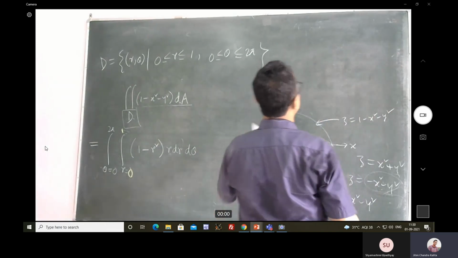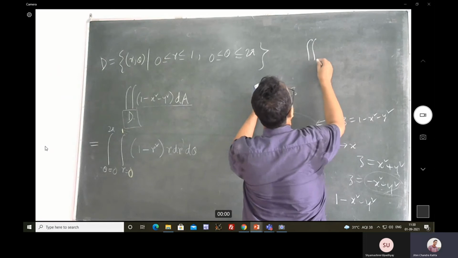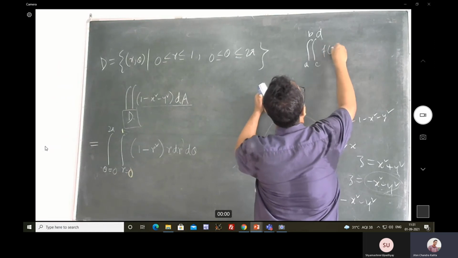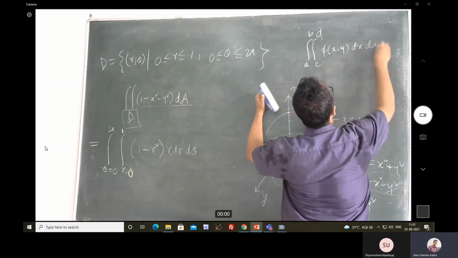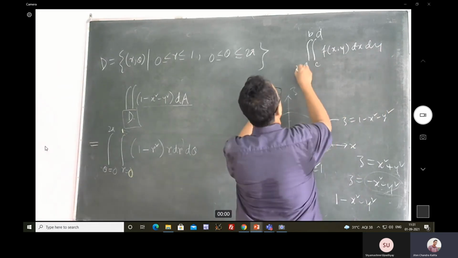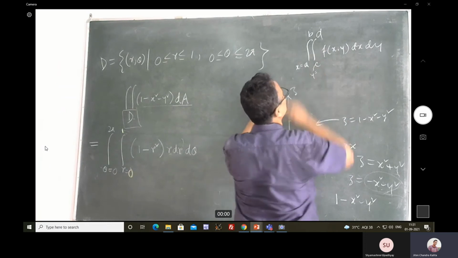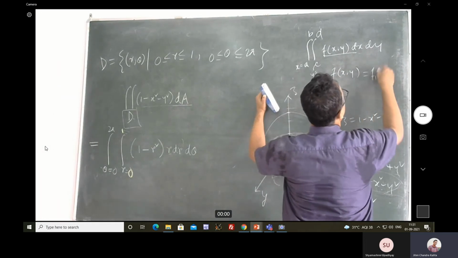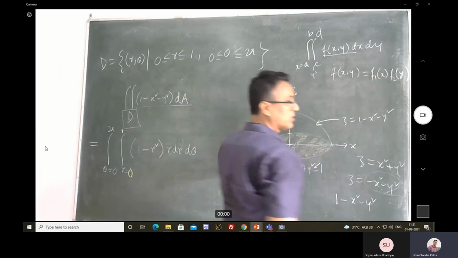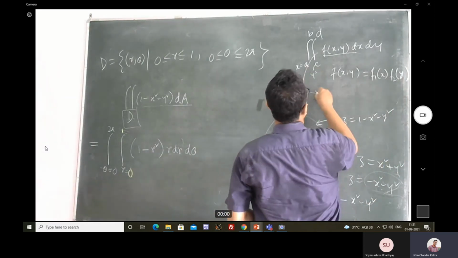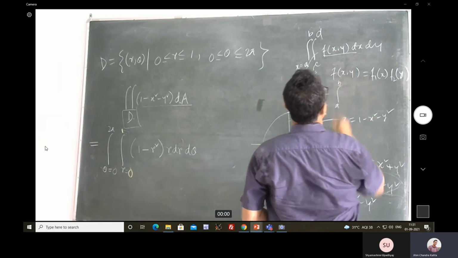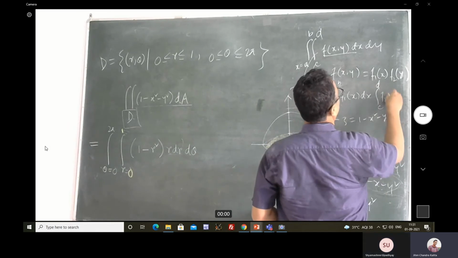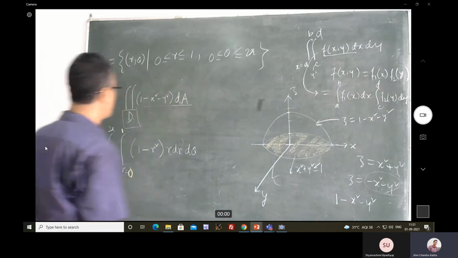But let me tell you that if I have something like this, the double integral of f(x,y) dx dy, say x goes from a to b and y goes from c to d, and if your function f(x,y) is expressible as a product of a function of x only and a function of y only, then this integral simply becomes the integral from a to b of f1(x) dx times the integral from c to d of f2(y) dy. Okay, so it is kind of variable separated.